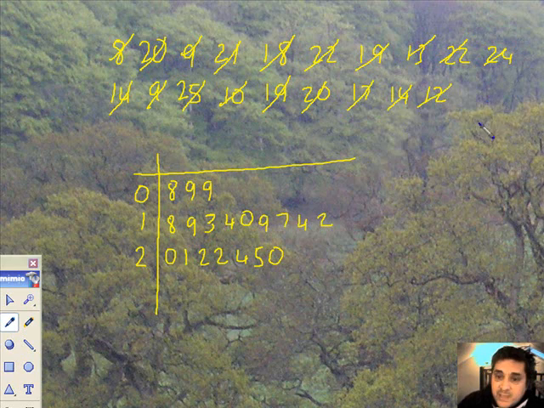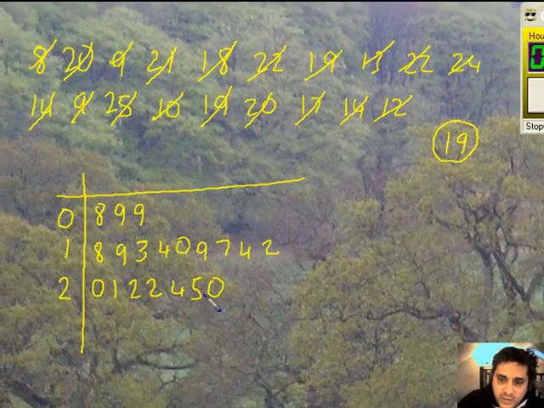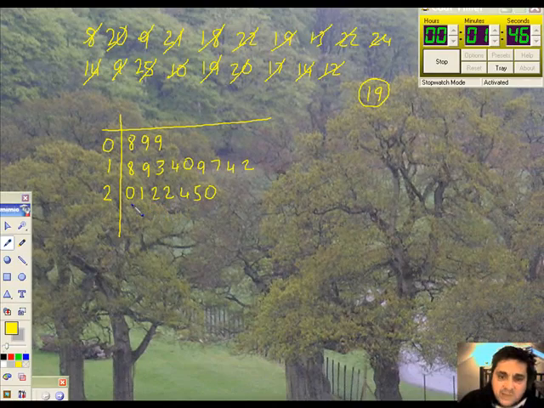Now I know I've got 19 numbers there because I counted them before I started the second attempt at this video. Let's have a look. 1, 2, 3, 4, 5, 6, 7, 8, 9, 10, 11, 12, 14, 15, 16, 17, 18, 19. We have scored.